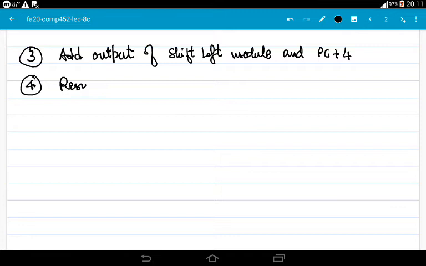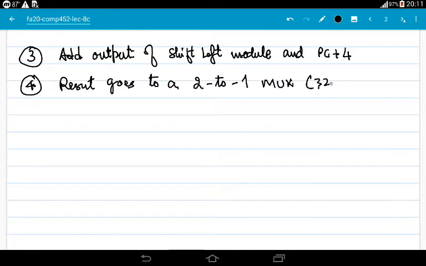The result goes to a multiplexer, to a mux. Actually, let's say to a 2 to 1 mux, which is 32-bit wide.